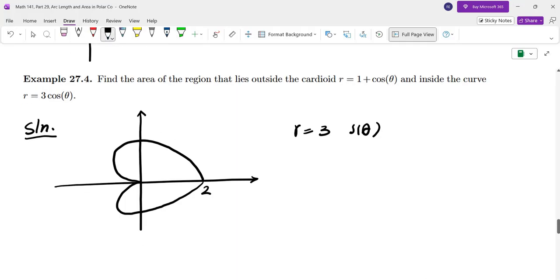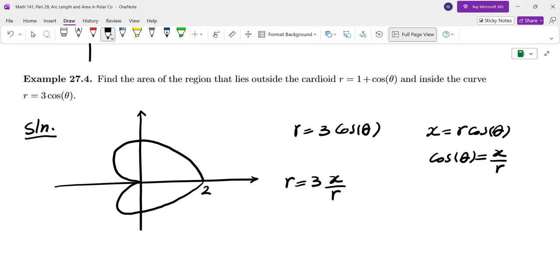So what we do is we are going to write down x equals r cosine of theta and replace cosine of theta by x over r. We get r equals 3x over r, which gives us r squared equals 3x, which means x squared plus y squared is equal to 3x. So we can bring it to the same side.